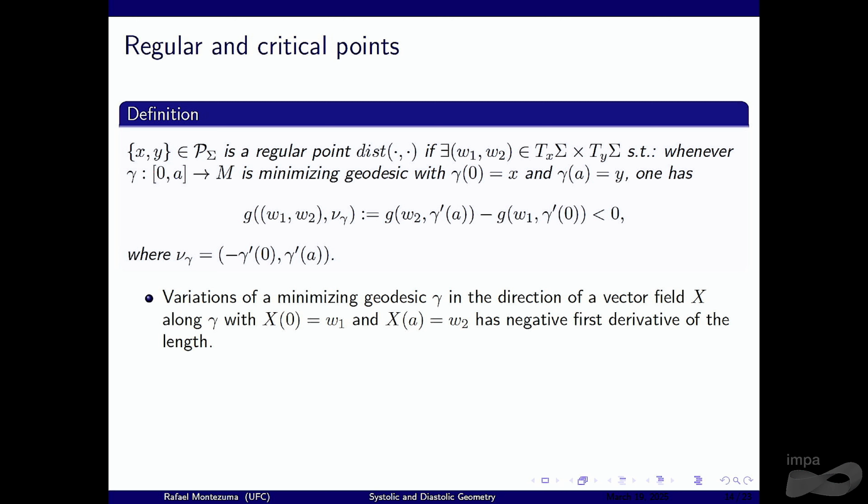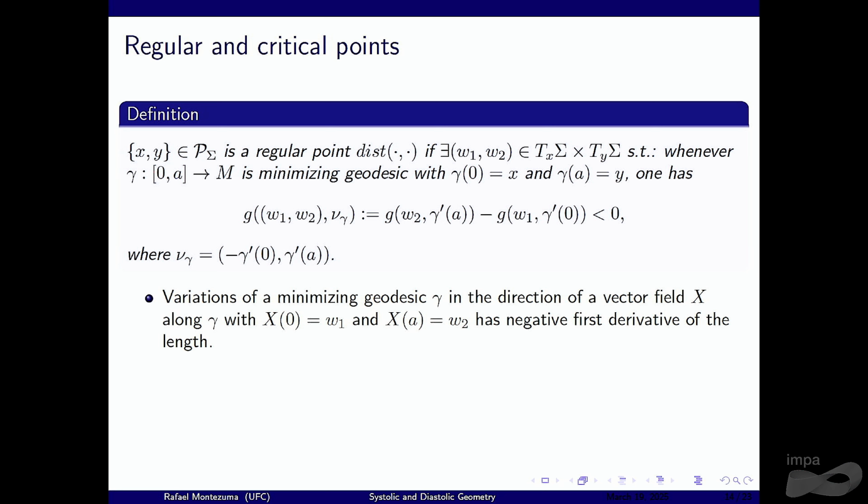We fix a pair of points in sigma, and we say it's a regular point if there exist two vectors in the tangent spaces of x and y, the tangent spaces of sigma, with the following property: for every minimizing geodesic connecting these two points, if you move this geodesic in the direction of any vector field which coincides with W1 and W2 at the endpoints, then the length is going to decrease in first order.